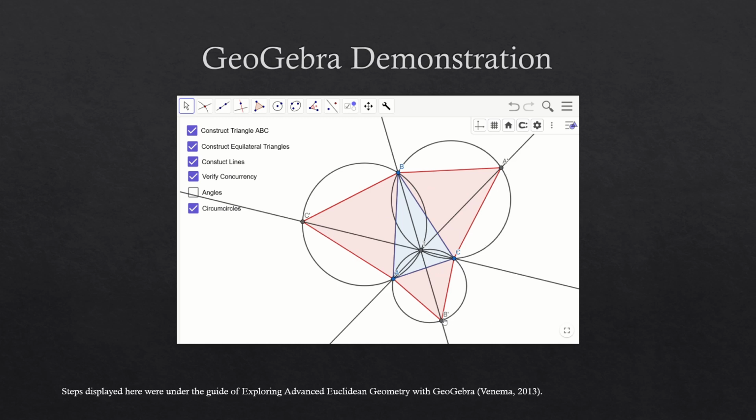Because we know with cyclic quadrilaterals, the opposite angles are supplementary. So B prime, we know that would be 60 since it's part of an equilateral triangle. We know that since that's 60, T is 120.